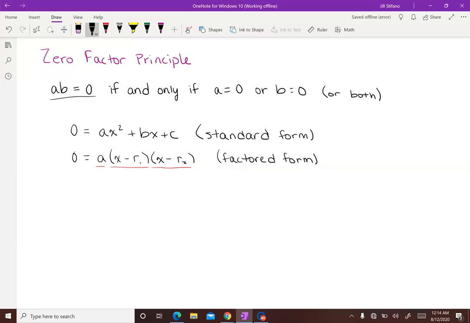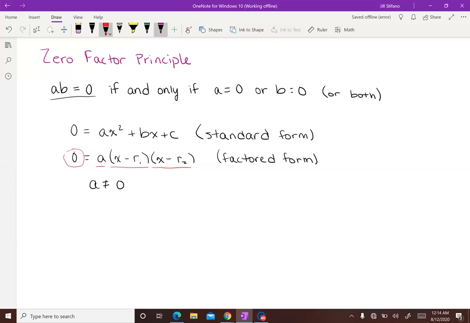And we already know that a is not 0, because otherwise we wouldn't have a quadratic function in the first place. We need that x squared term to even get here. So we already know that a is not equal to 0. That leaves x minus r1 and x minus r2. And we know that this whole product equals 0.